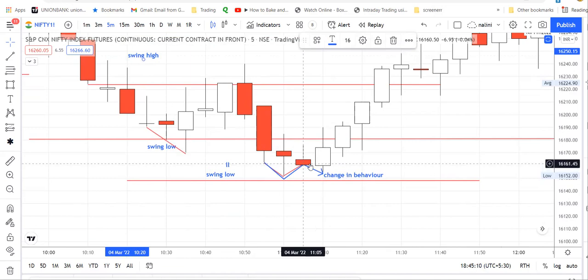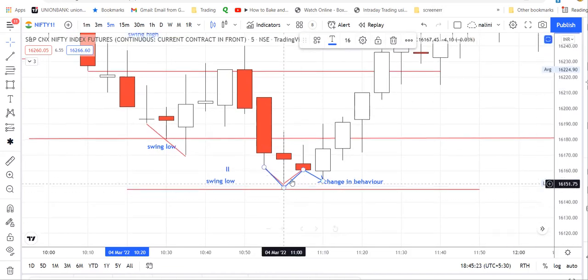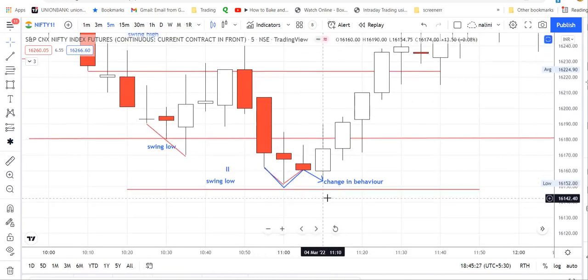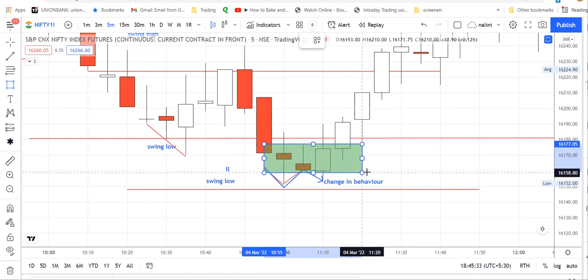When you saw in the starting, you are seeing a change in behavior. Swing higher low. So you are seeing a higher low. So you mark the high and low of this candle and also this lower low.